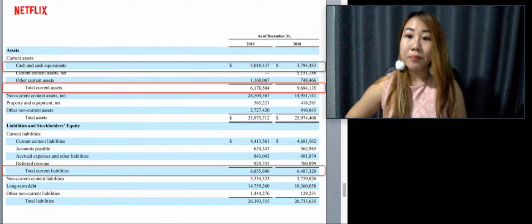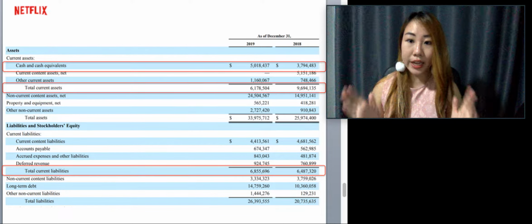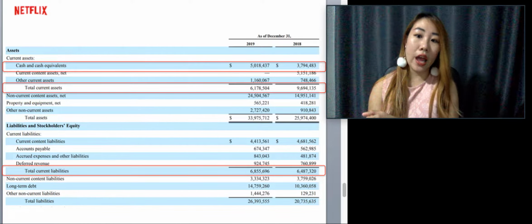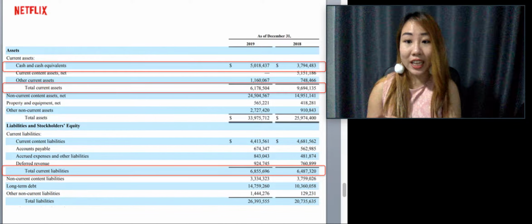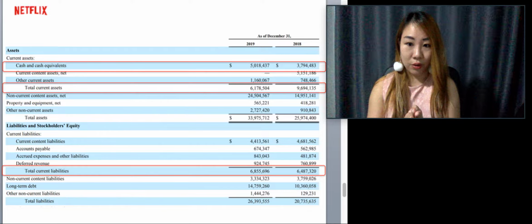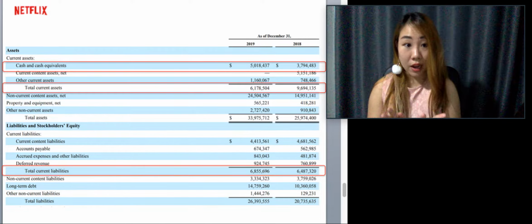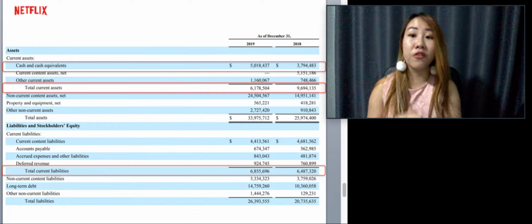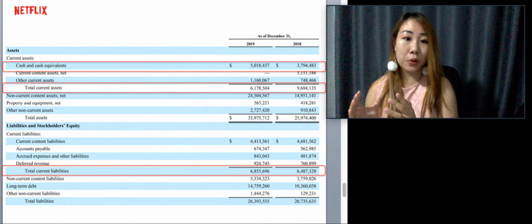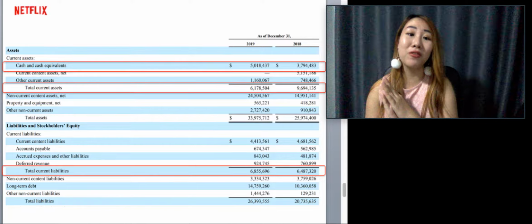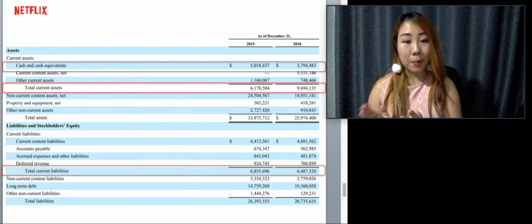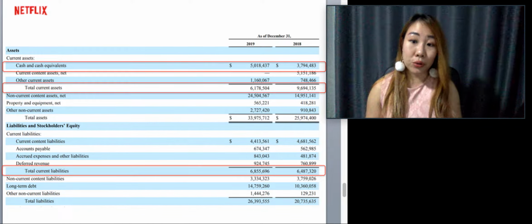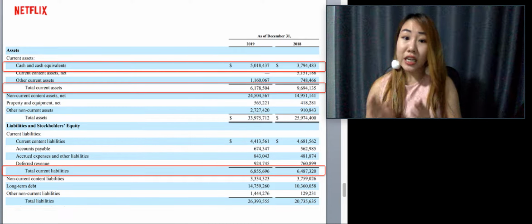And finally, let's look at the balance sheet of Netflix. You can see the cash and cash equivalents over here, which you have already studied. Now, the current assets, and comparing that with the current liabilities, you will see that Netflix's position is very much different from Facebook. Whereas Facebook has so much asset that they don't really have to worry about their immediate liabilities that are due anytime soon, Netflix, on the other hand, is running on thin ice.